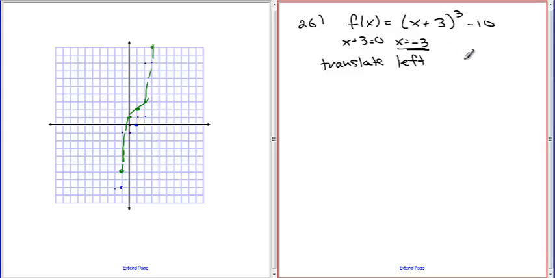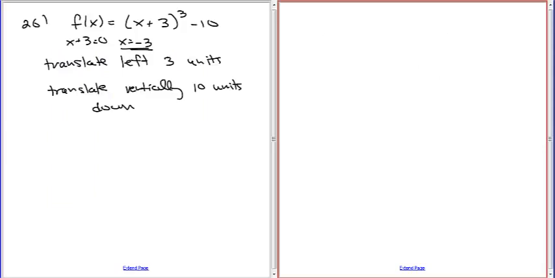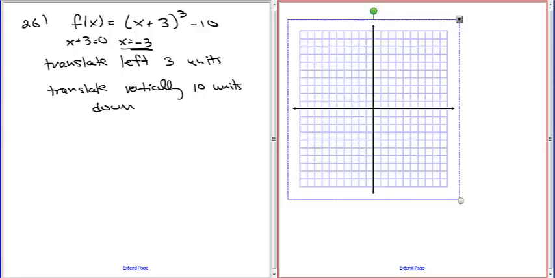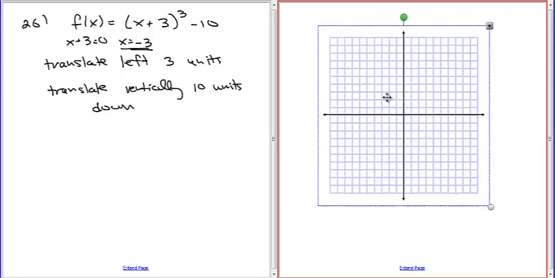So that's the distance you go in the x direction, left 3 units, and translate vertically 10 units down because we have a negative 10. This one's going to be a little problematic to sketch on my graph here.